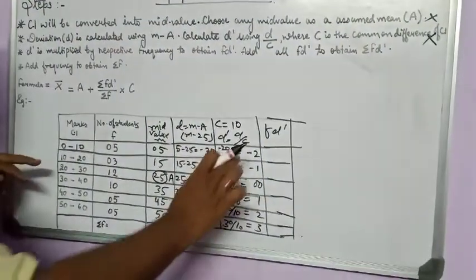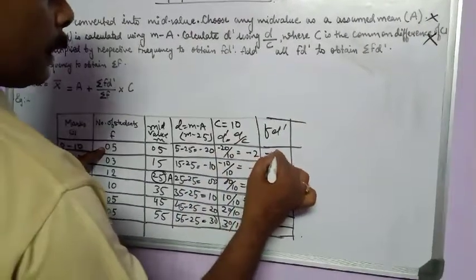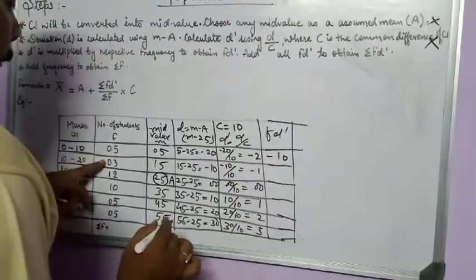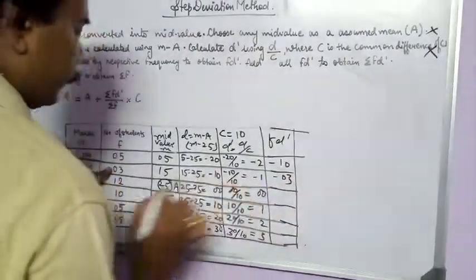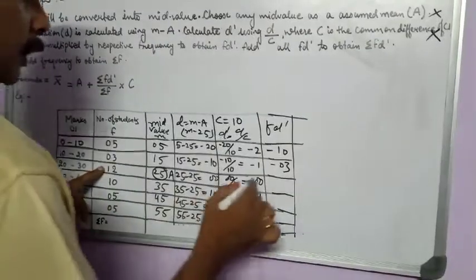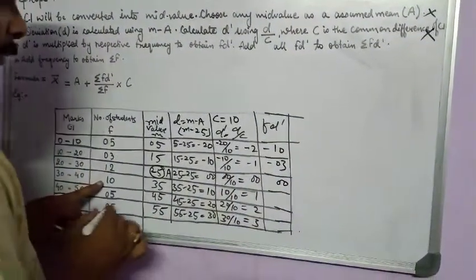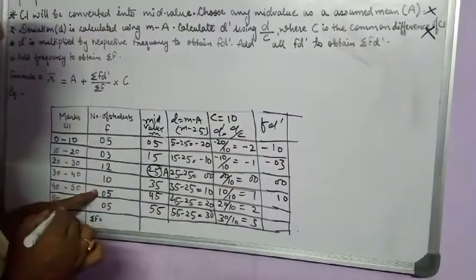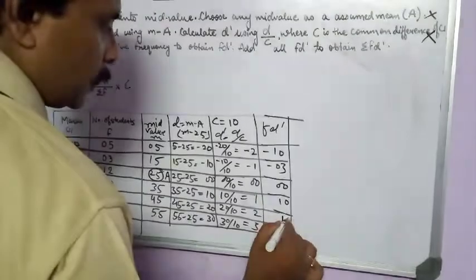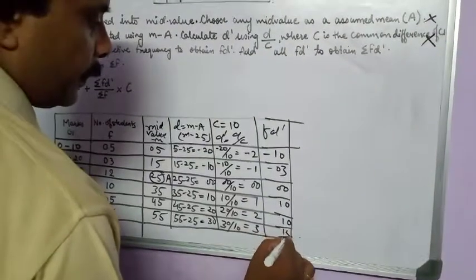So first minus 2 times 5 is equal to minus 10. Minus 3 times 1, that is minus 3. 12 into 0 is equal to 0. 10 into 1 is equal to 10. 5 into 2 is equal to 10. 5 into 3 is equal to 15.